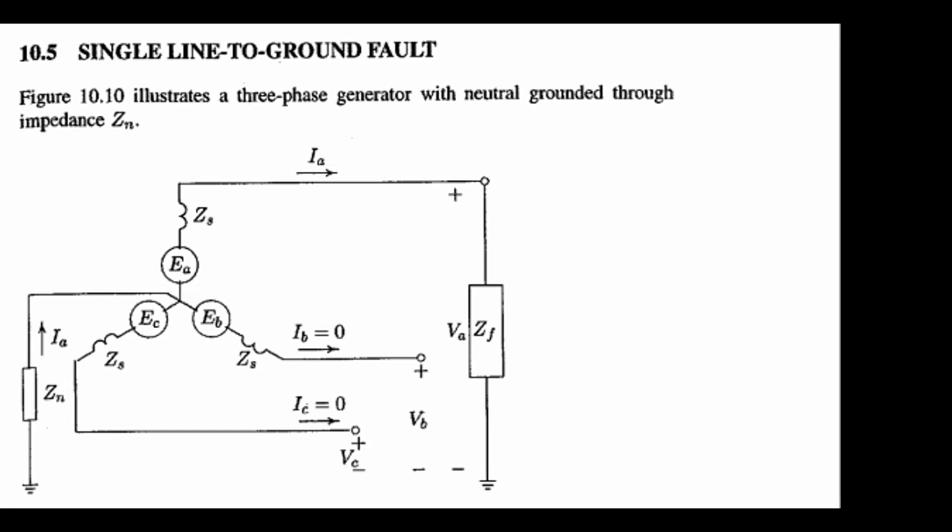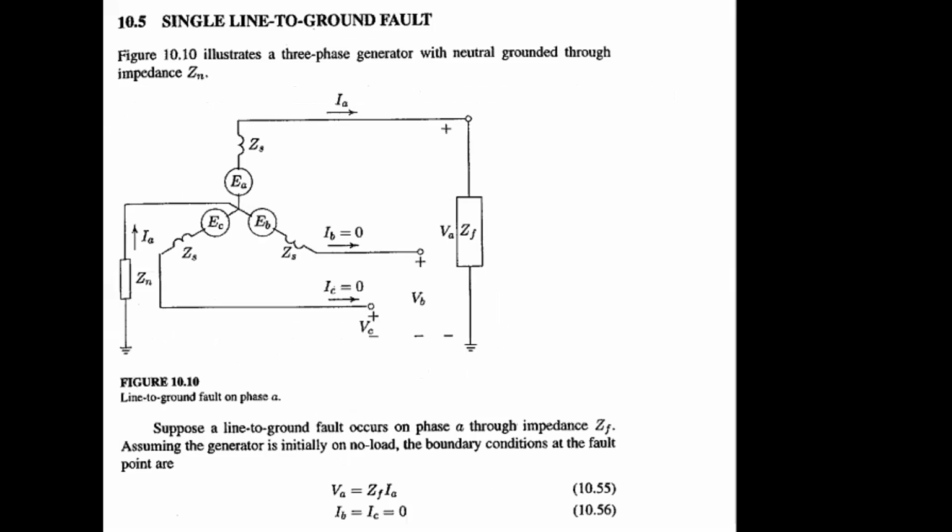Okay, the first part is the single line to ground fault case. Actually, when do we consider that scenario, or what will be the outcome if we have a single line to ground fault? Three different aspects you have to address. One is when you have the fault scenario, that fault will have some voltage, right?